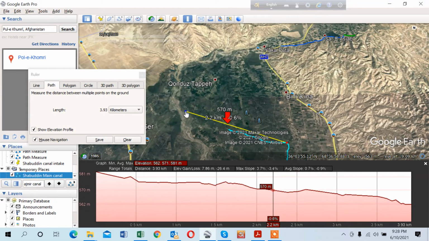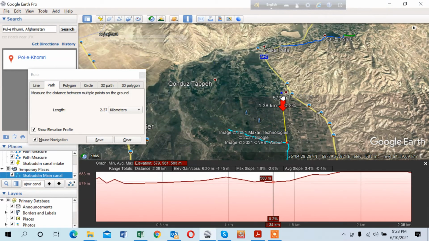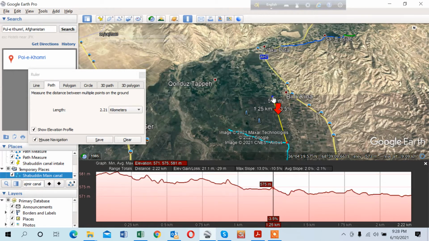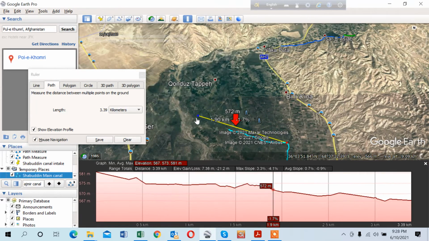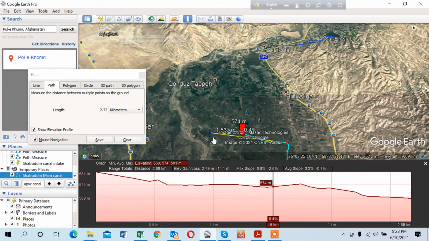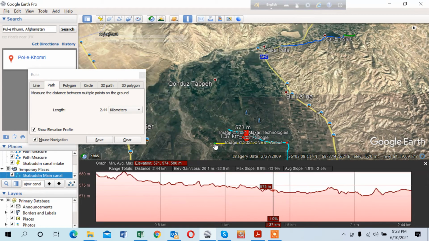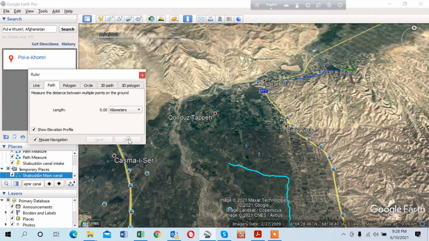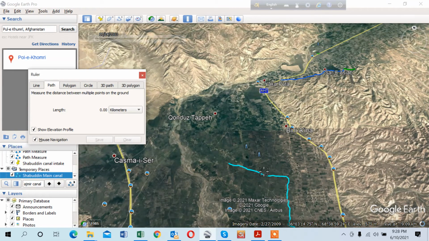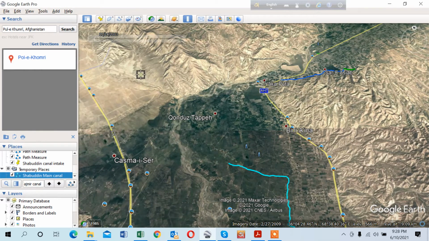So this is the canal. That water goes up to here, here, here, like this. So with Google Maps, you can just see how the water goes. This is one of the examples. We have a lot of branch channels.